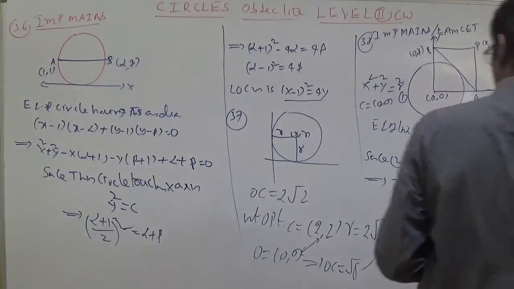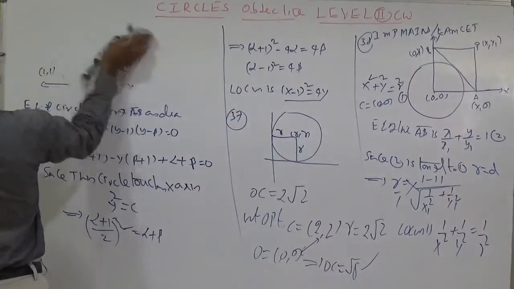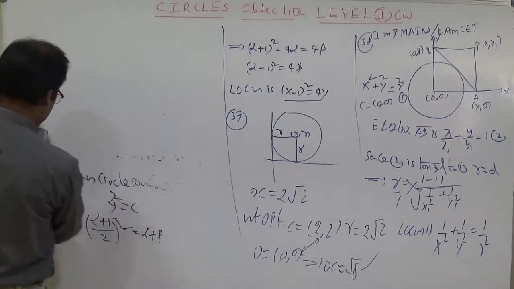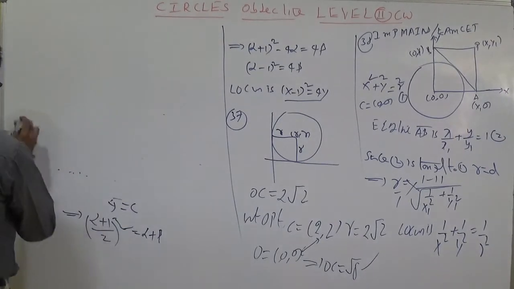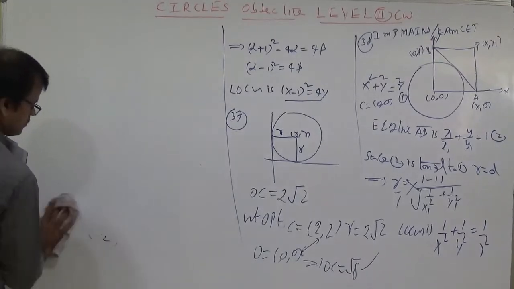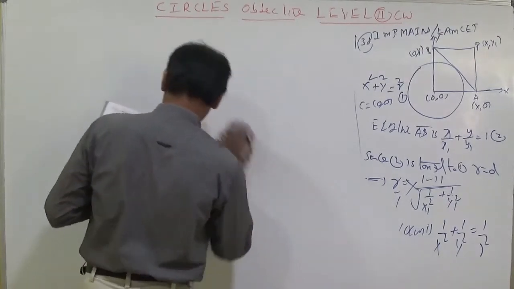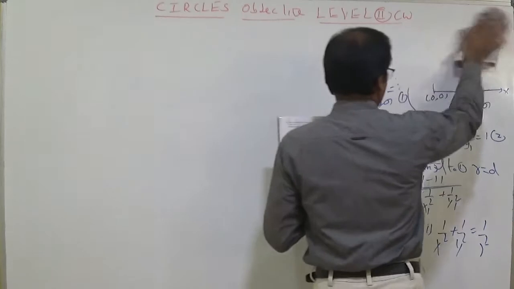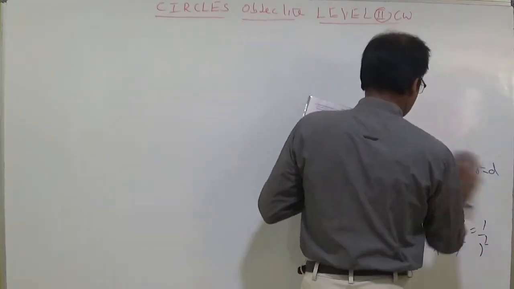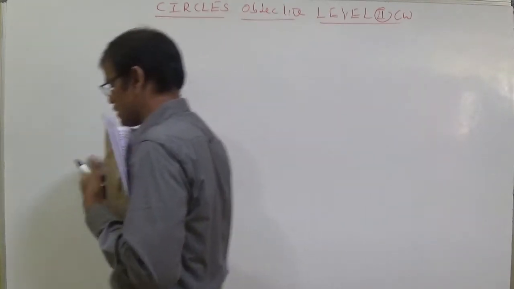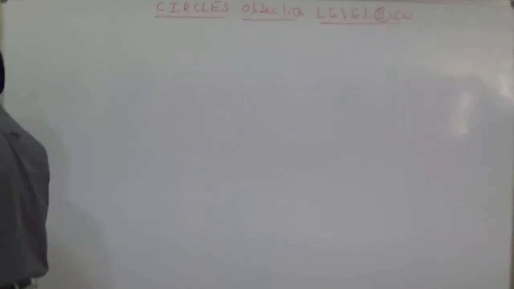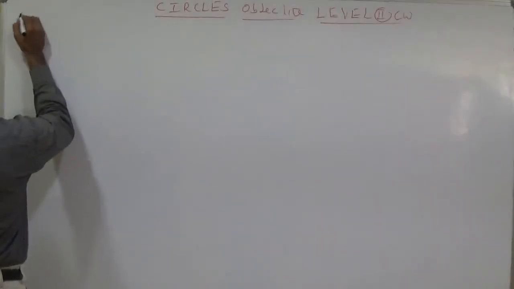It depends upon two circles: the tangent at one circle meets the same line as a secant in another circle.